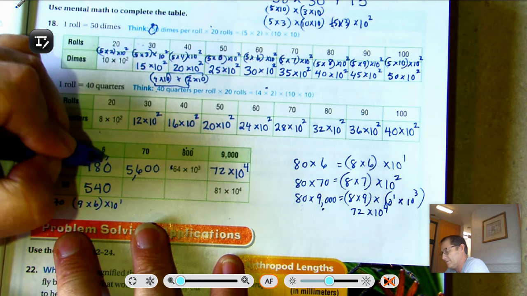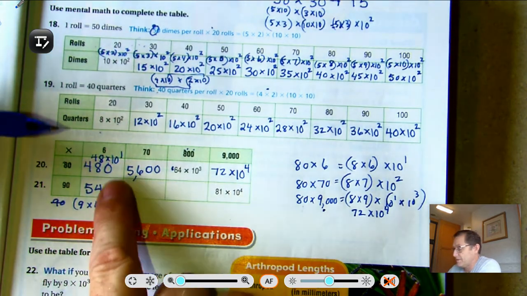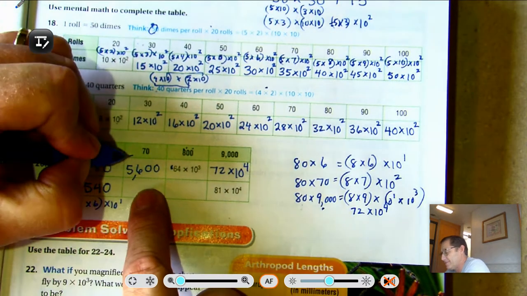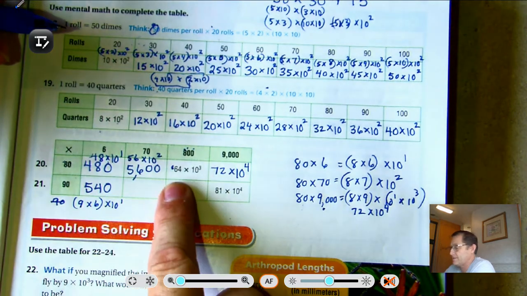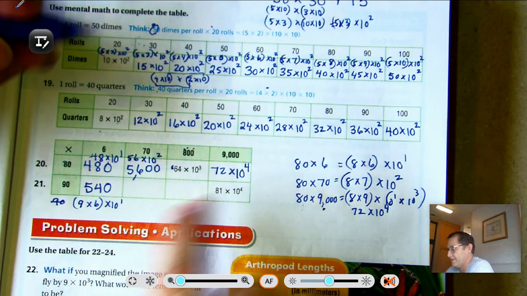I just noticed something. Sorry. I wasn't supposed to put the actual answer. I was supposed to match these up. So 480 would be 48 times 10 to the first. 56 would be 56 times the second power of 10. 64 times the third power of 10. 72 times the fourth power of 10.